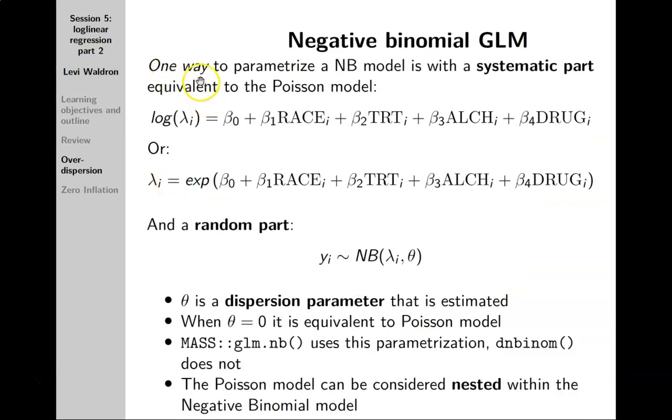Now, there are actually multiple ways to write down a negative binomial model. The way I'm going to talk about, because it's fairly intuitive and it is used by the software that we're going to use, is to parameterize the systematic part the same way as the Poisson model.